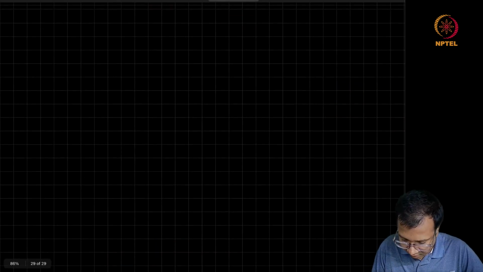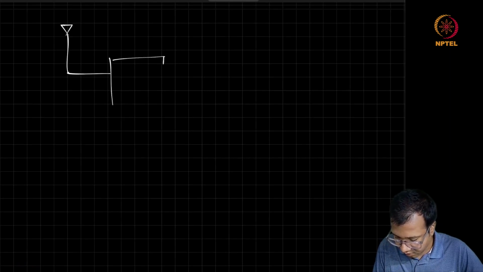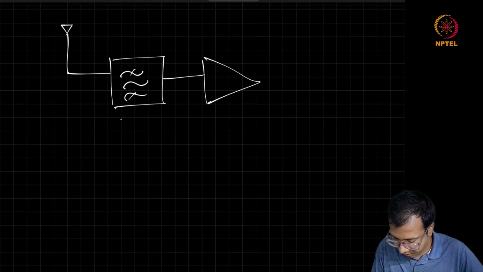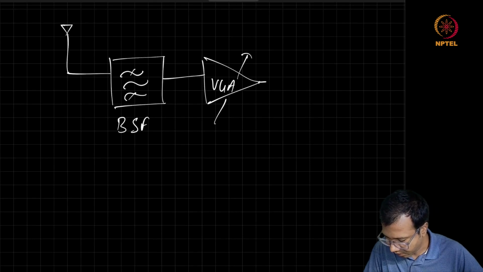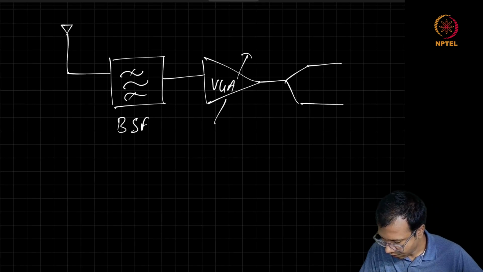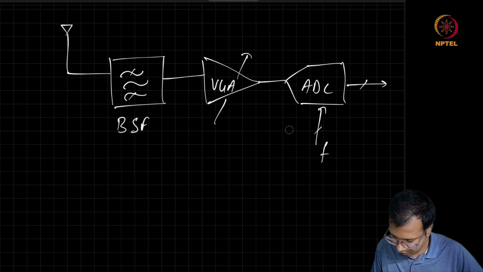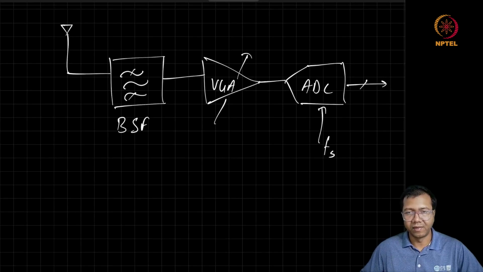And just to complete the picture, the simple receiver which we are talking about has got a band select filter, then it has got a VGA, finally we have got an ADC, which is sampling the signal at fs as long as fs is meeting the above criteria.